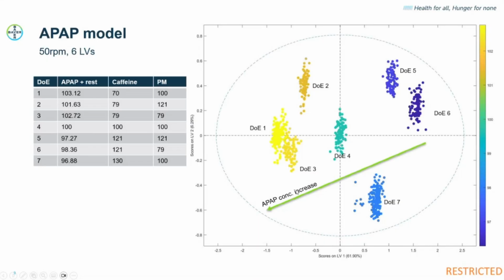It's even management applicable. And you can see here quite nicely that this is the direction of increase of APAP concentration. The DOE4, which is the 100% standard combination, is nicely situated in the center.